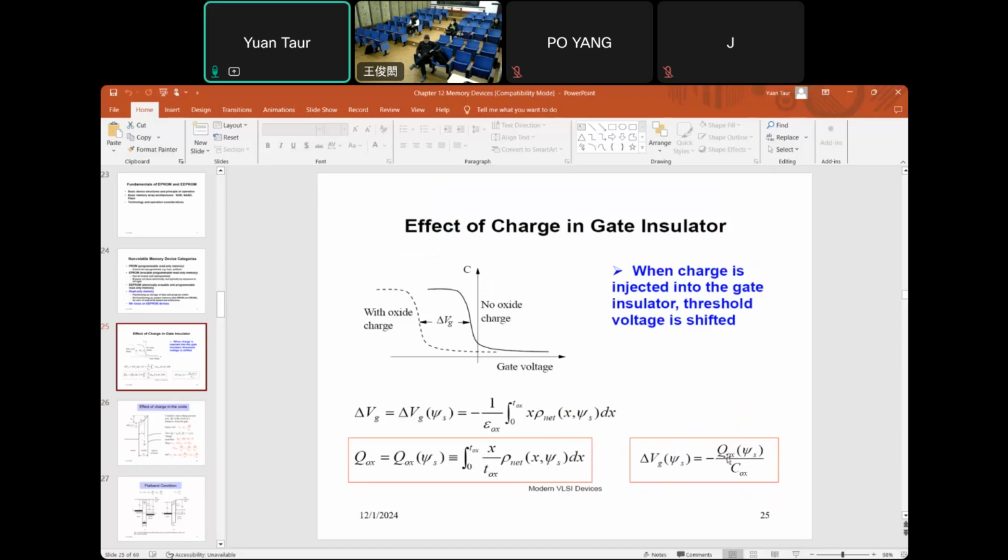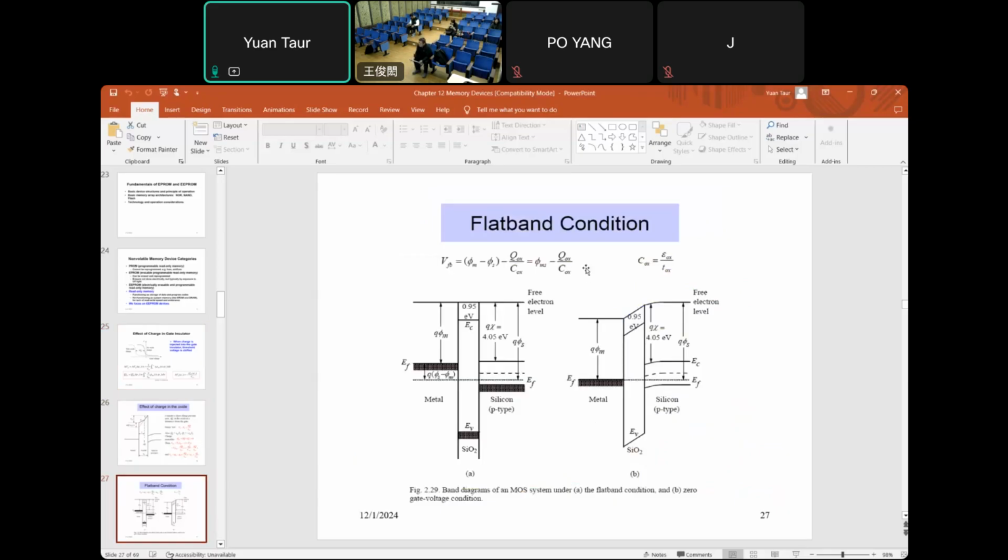So this becomes over COX, and that's how the QOX is defined, by this integration. So we go back to this: the charge in oxide divided by COX is the equivalent oxide charge at the silicon oxide interface.